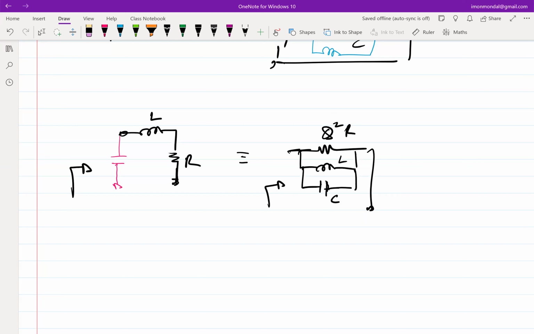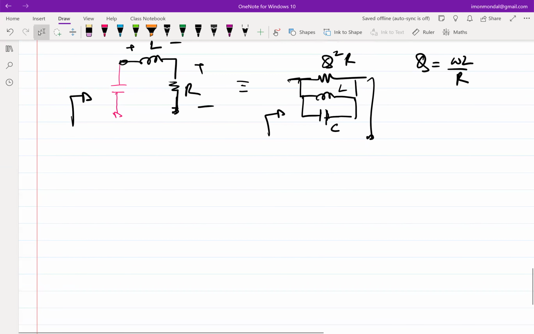Pardon? No, in terms of omega L, R, C. Yeah, right. So step down is happening because of this. Right? So basically your Q is essentially omega L by R. Right? So similarly, I can do this.